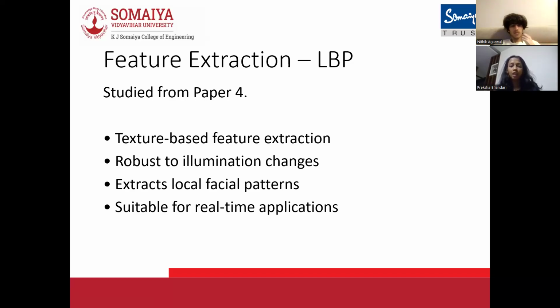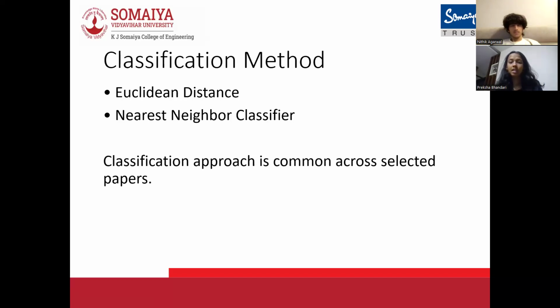LBP is highly robust to illumination changes and works well for real-time face recognition. Classification: after feature extraction, we use classification techniques. We apply Euclidean distance and a nearest neighbor classifier. The feature vector of the test image is compared with trained data, and the closest match determines the recognized person.